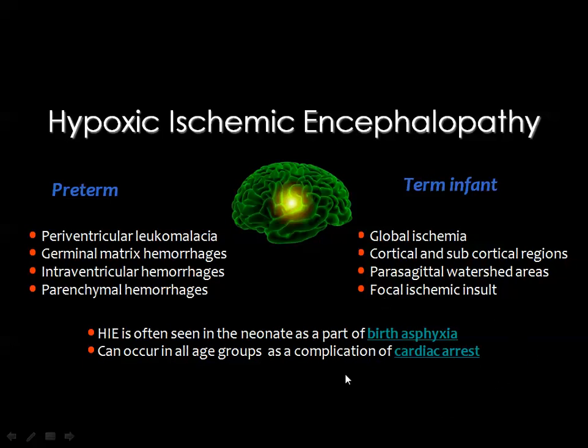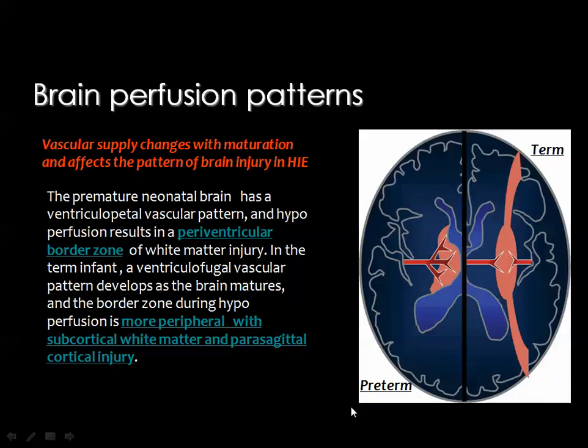Then why is this difference present? That's because of the blood supply to the brain tissue, which is different in the preterm compared to the term infant. In the preterm or the premature neonate, the brain has a ventriculopetal vascular pattern, and hypoperfusion will result, as you can see from this drawing, in the area intimately related to the ventricular wall.